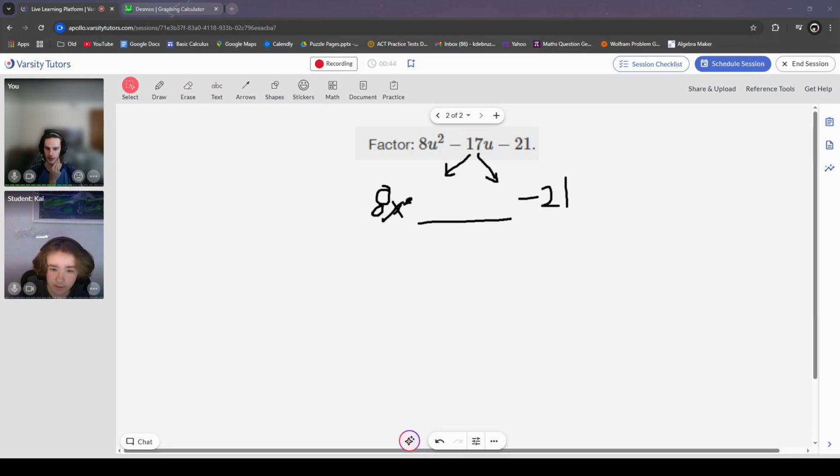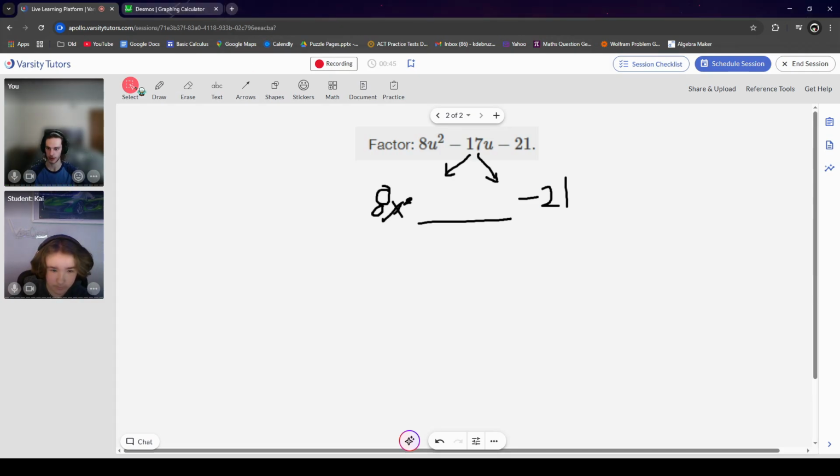Now you got to figure out how you're going to split up negative 17u. What is our A and what is our C? Our A is the 8 and the C is 21, and specifically negative 21. So our AC, or 8 times C, is equal to 8 times negative 21.